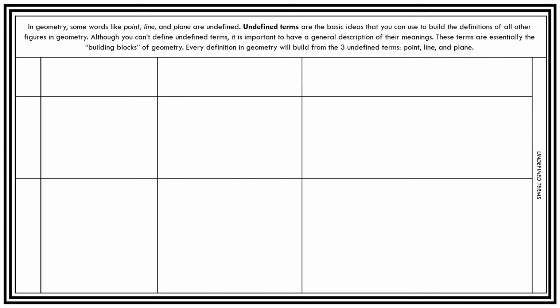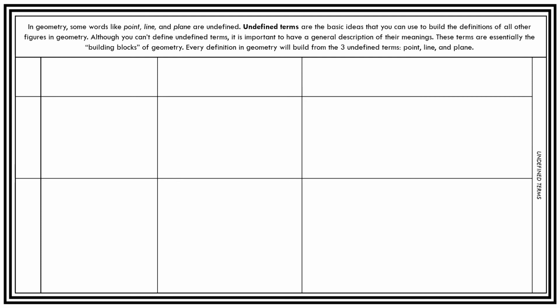What it means to be undefined terms are the basic ideas that you can use to build the definitions of all other figures in geometry. Okay, so the reason they are undefined is because we do not have any other terms. We know nothing about geometry, so we're trying to build up from the bottom.